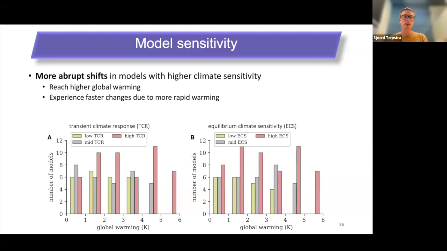So this is one reason why we find more shifts in models with high climate sensitivity. The other possible reason is that models with high climate sensitivity also warm more, which means other variables change a bit faster, which could also just lead to detecting more abrupt shifts with the methods we used. You can see that a little bit in the fact that these red peaks are also a bit higher around relatively low levels of global warming here.